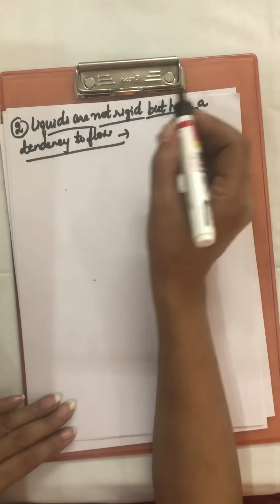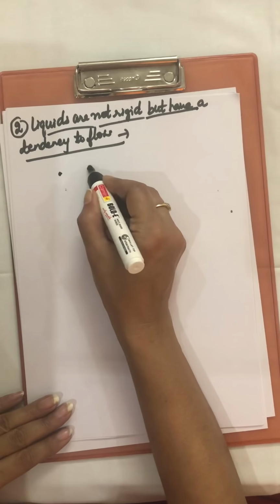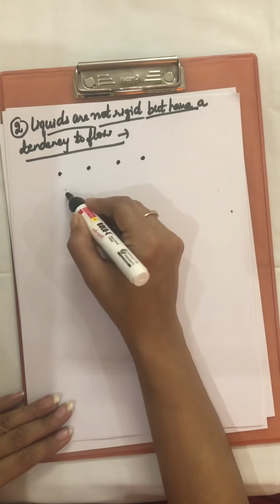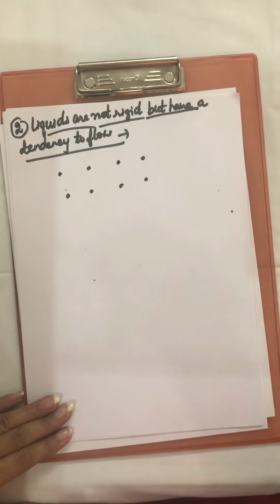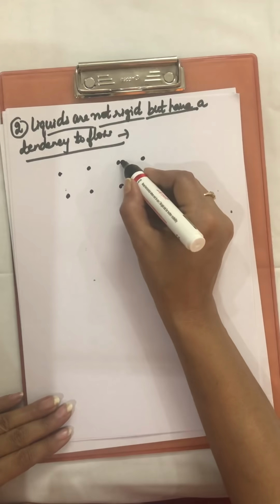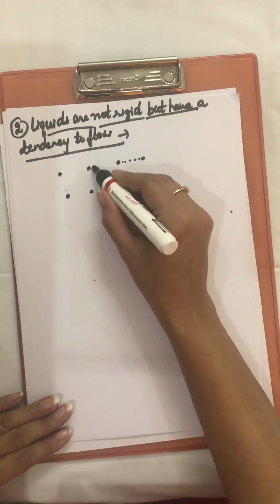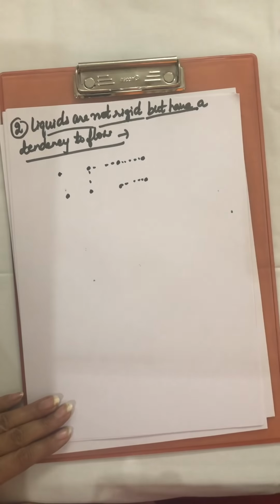The reason is the large spaces between the particles of liquid. Between the particles of liquid there are large spaces, and the forces of attraction between these particles are weak as compared to those in solids.